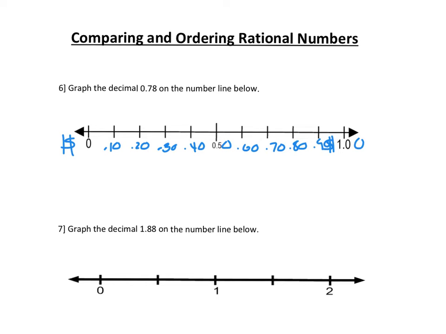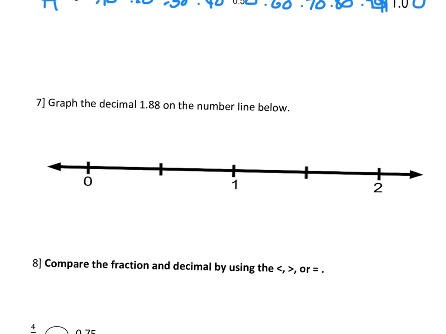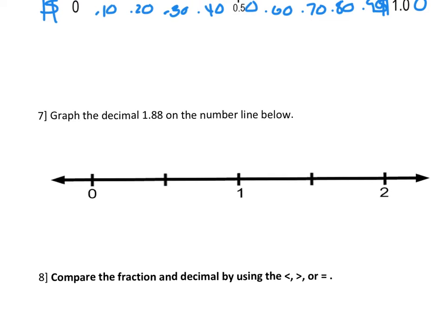So if we were to put 78 cents on this graph, we know that it would be between 70 and 80 and a little bit closer to the 80. So here we could graph 78 cents. Okay. We also had number lines that didn't always necessarily go between 0 and 1. We had 0, 1, and 2.